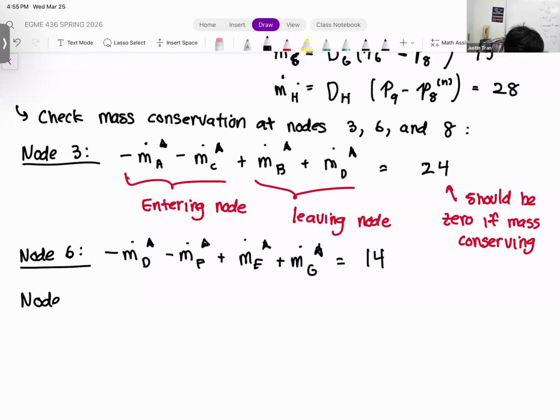And then we have the same thing for node 8, right? So for node 8, thankfully, we only have 3 contributions here. So we have a minus m dot G star minus m dot H star, and then we have only one contribution that's leaving, which is m dot I star. And so this gives us 7.